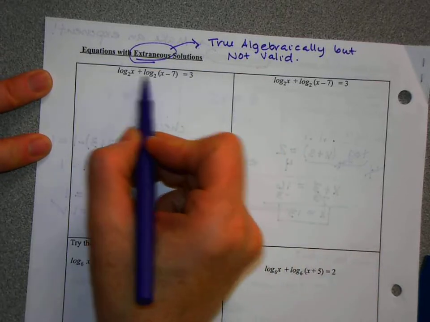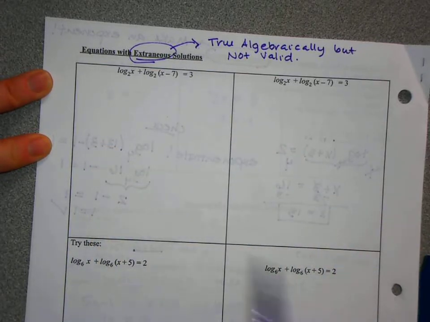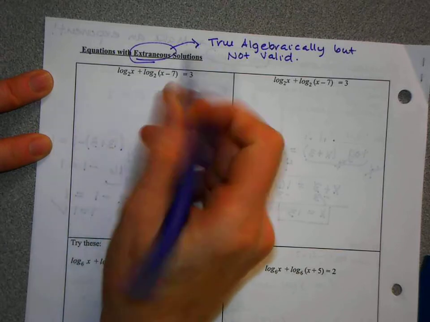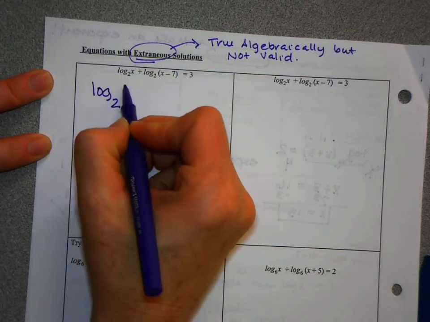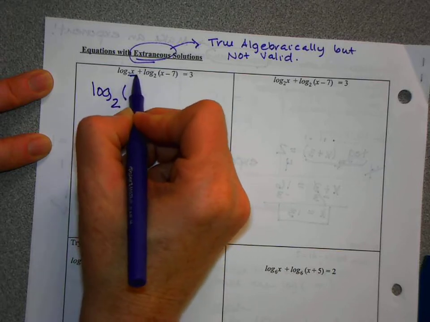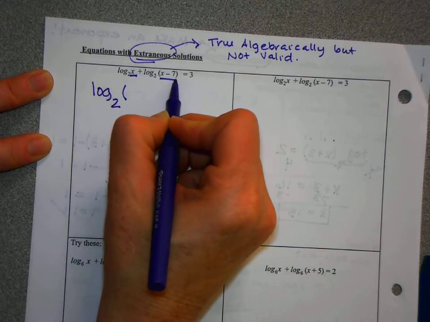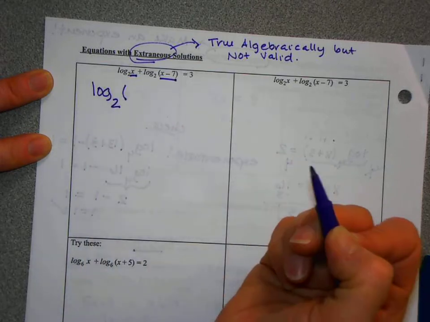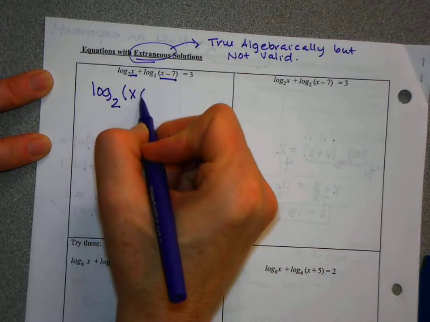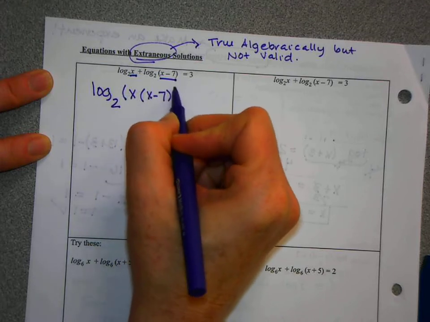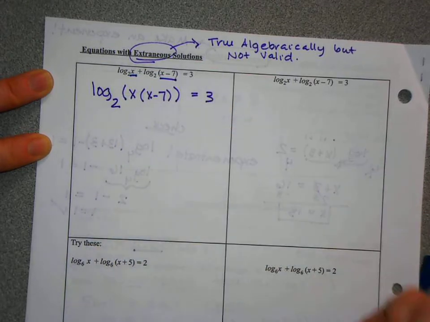So I only condense this side. I say the log base 2 of the subject of this times the subject of this, because it's addition, so it moves to multiplication. So I have the log base 2 of x times x minus 7 equals 3.